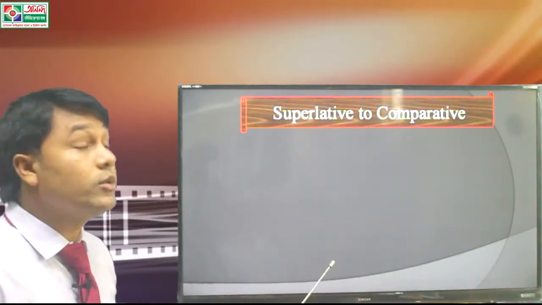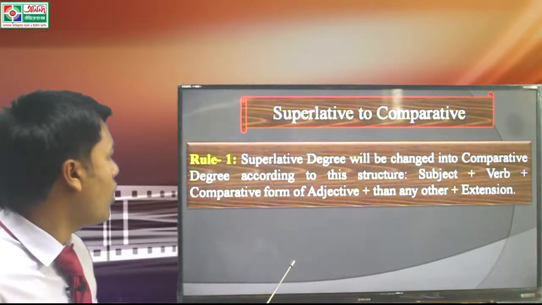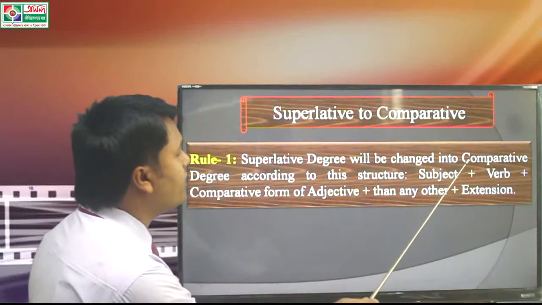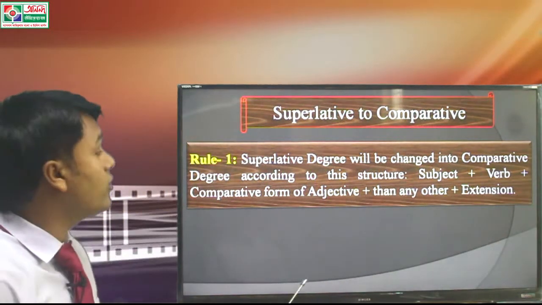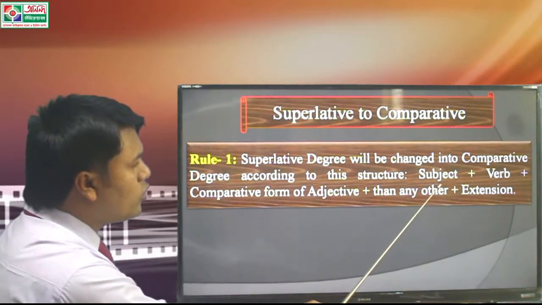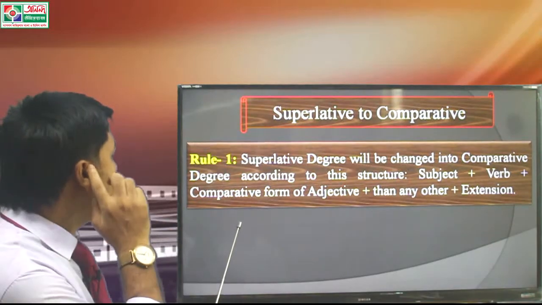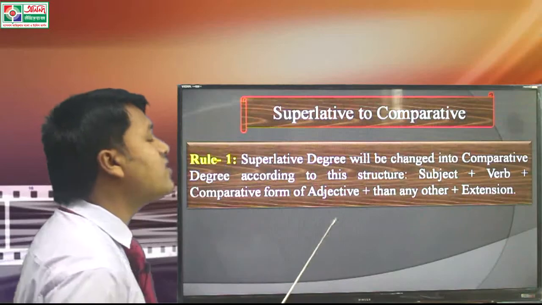Okay guys, here in this section we will change superlative to comparative. Rule number 1. Superlative degree will be changed into comparative degree according to this structure. Firstly, we use subject, then verb, and then comparative form of adjective plus than any other plus extension.